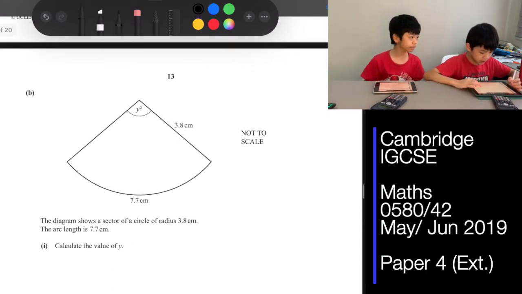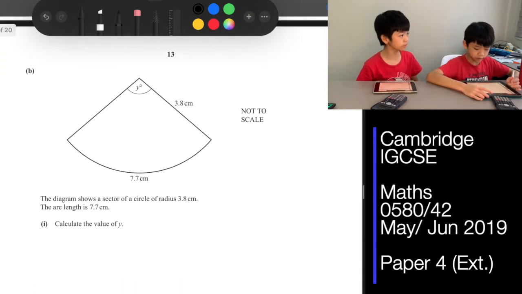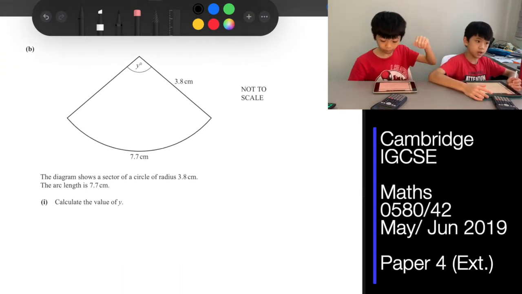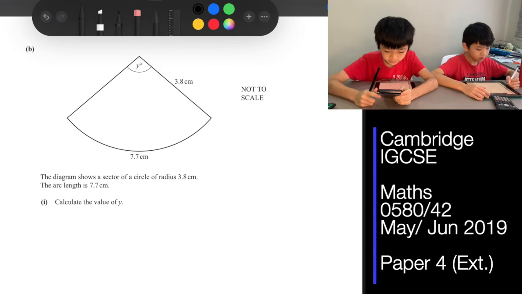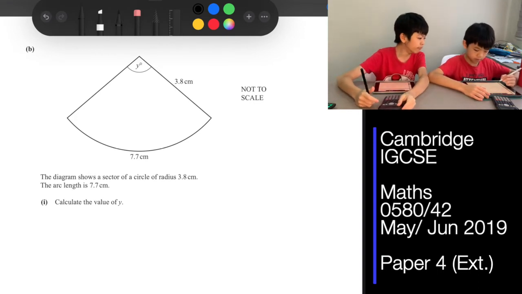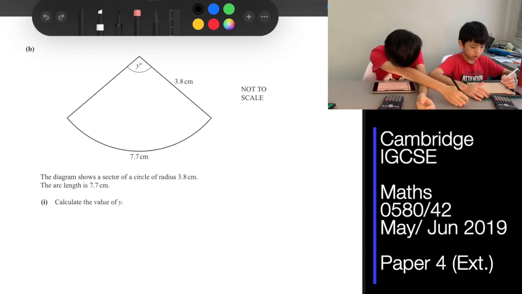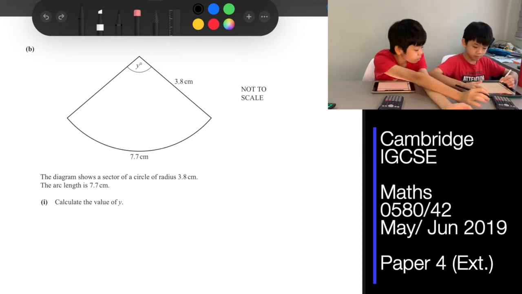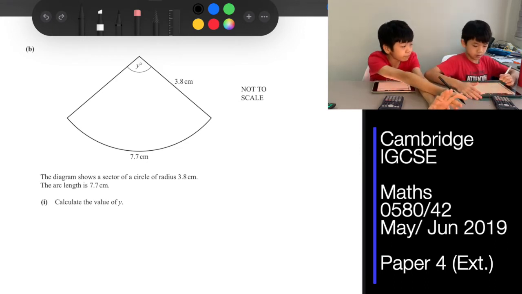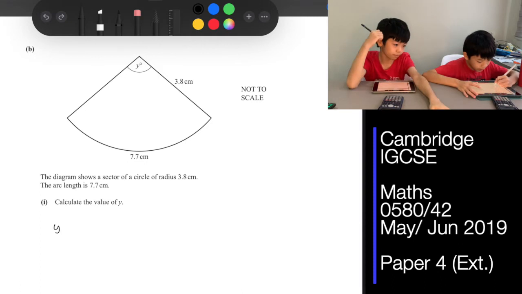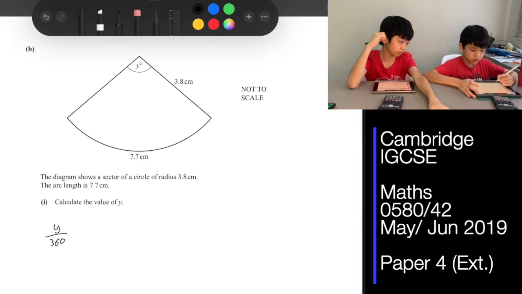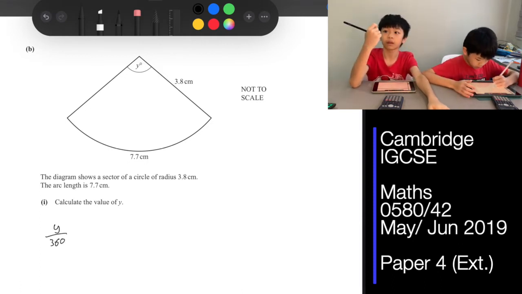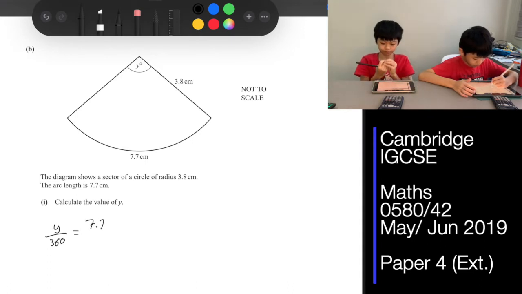Okay, for question 8b, the diagram shows the center of a circle, radius 3.8 centimeters. The arc length is 7.7 centimeters as labeled. We need to calculate the value of y. So all we need to do is use the ratio. Y over 360, which is the total angle of a circle, is equal to 7.7 over 2 pi times 3.8.